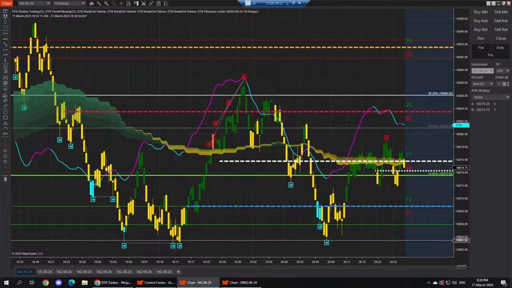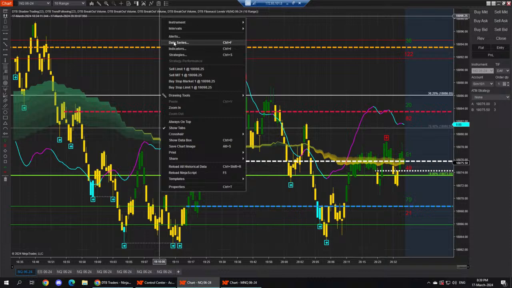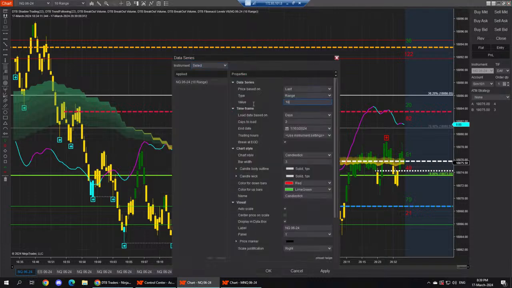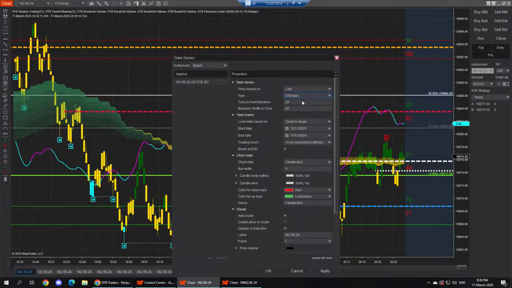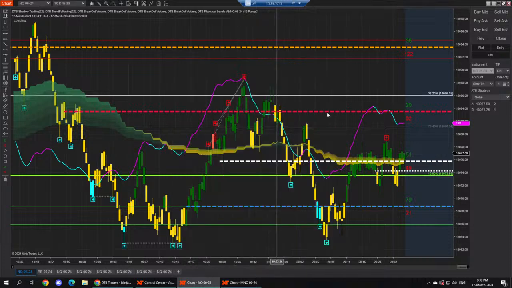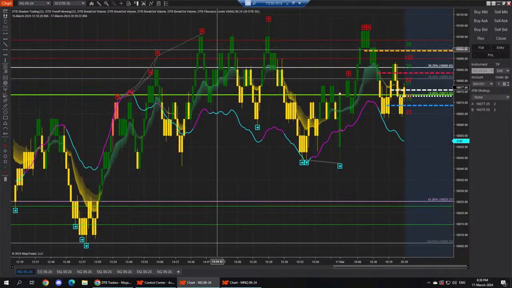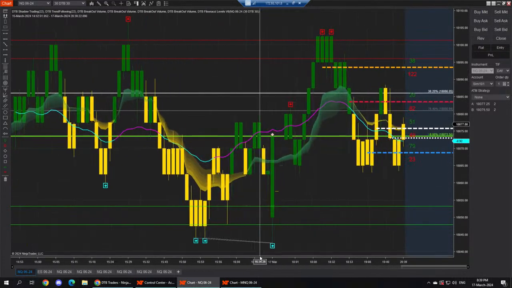Cool. I think that is it over there. But yeah, I encourage you guys just to continue looking at these charts. During the US session, you want to go with a much larger chart. Obviously the DTB bars is definitely the way to go. But going for like a 30-30 during the US session is more than sufficient to work with, because remember the price has to move 60 ticks to form a new bar from its start.